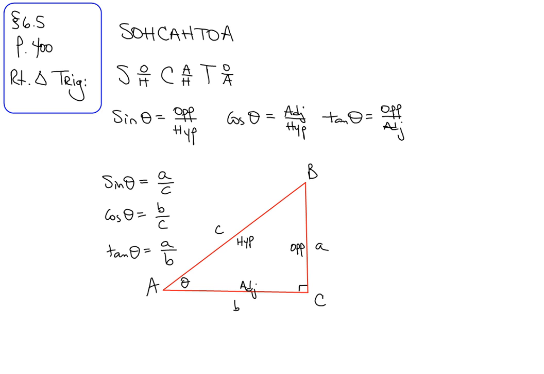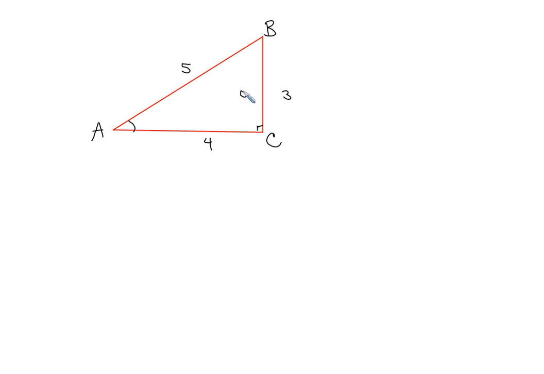So one of the things that we are going to be asked to do is take a triangle. Let's take a nice, simple, easy right triangle that everybody's familiar with. 3, 4, 5, angle A, angle B, angle C. And if we're looking at angle A, which one is the opposite? 3. Which one's the hypotenuse? Which one's the adjacent?